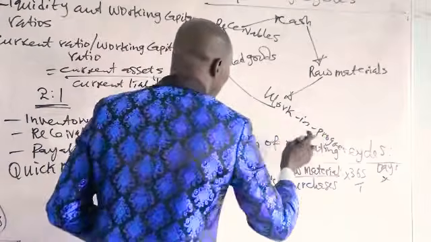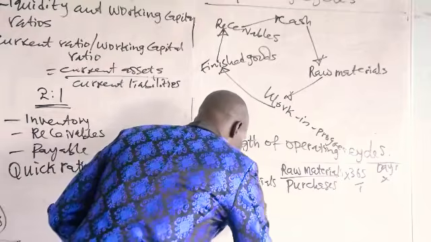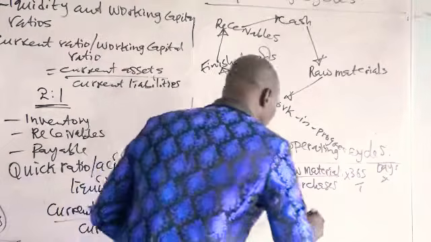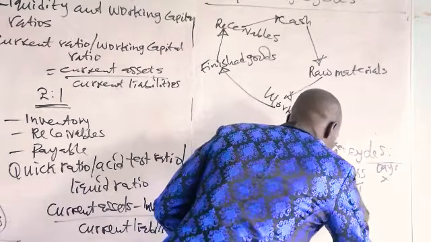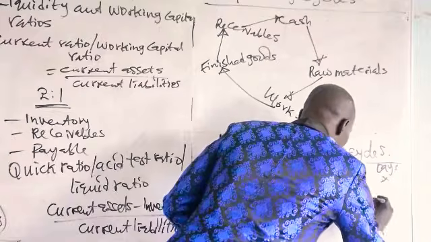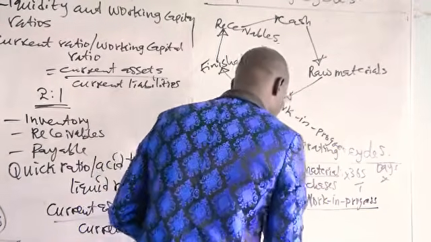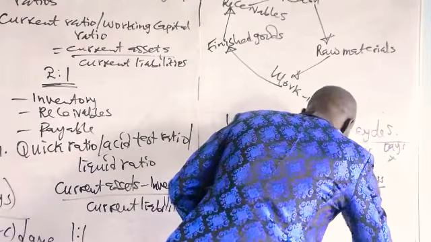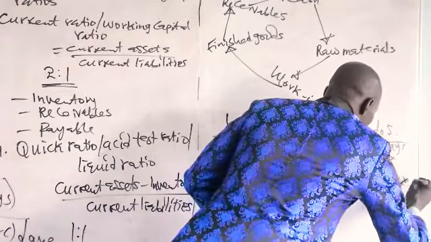Then after raw materials, you have the work in progress conversion period. That will be work in progress over cost of production. And where you don't know your cost of production, you can use cost of sales, times 365. That will also give you X days.